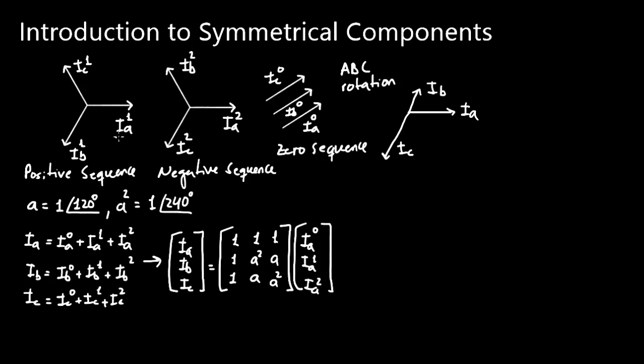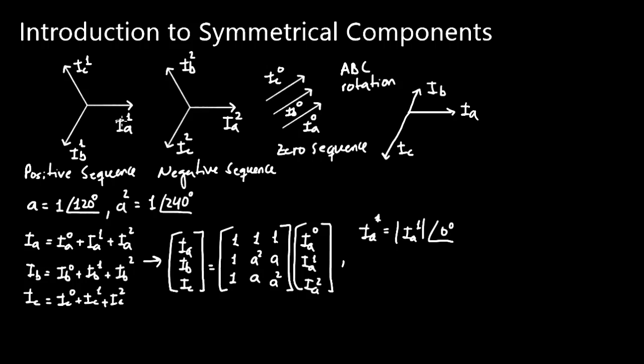Is because notice that from here, for example, the B phase on the positive sequence set is lagging the A phase by 120 degrees. So in other words, IA1 is going to be equal to the magnitude of IA1, of course, at an angle of 0 degrees.